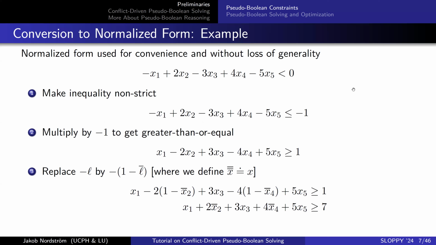And then one piece of syntactic sugar that I will use sometimes: I will sometimes write equality, but it's clear that that just means two inequalities, greater equal and less equal. And then I implicitly normalize whenever I want. I won't emphasize this, but whenever it makes a difference, we'll just implicitly think about things as being normalized.